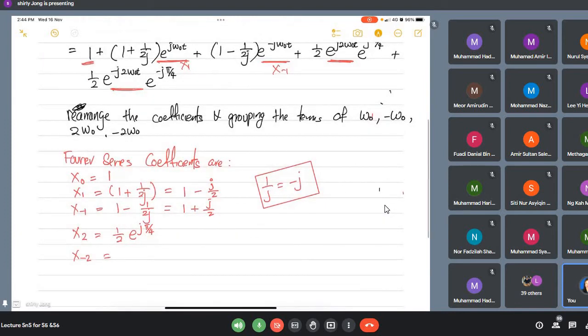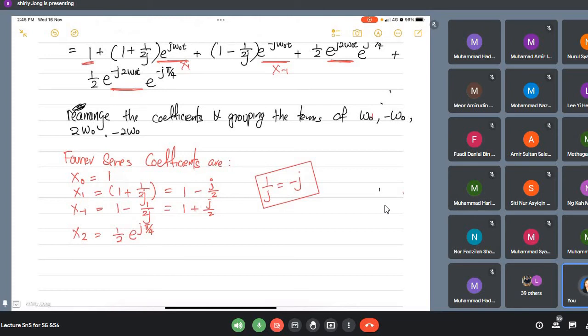If this one is in exponential form and you want to change it to a complex number, also can. Class, do you know how to change from the exponential to the complex number?